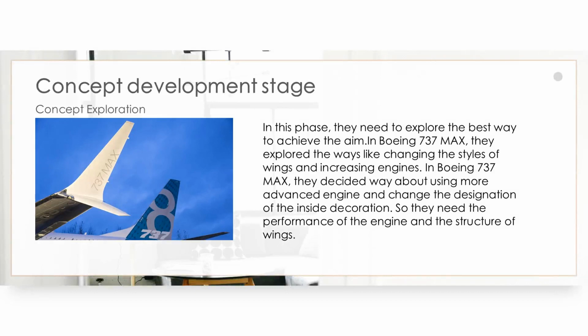In the end, they decided to use more advanced engines because they save more fuel, and to change the design of the inside decorations because they need to give passengers a more comfortable way to sit. They want more passengers to choose their flight, so they need to change the performance of the engines and the structure of the wings.